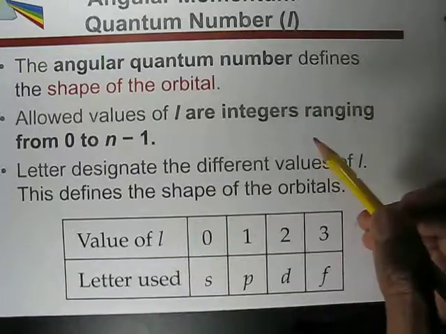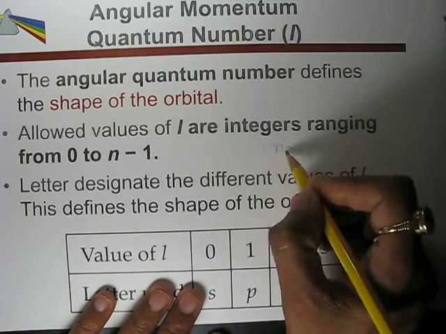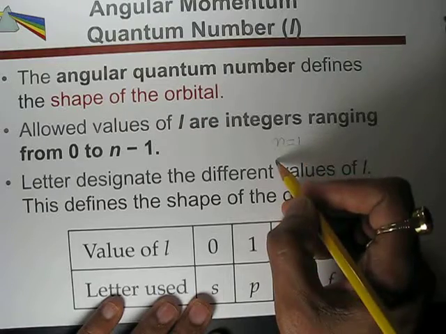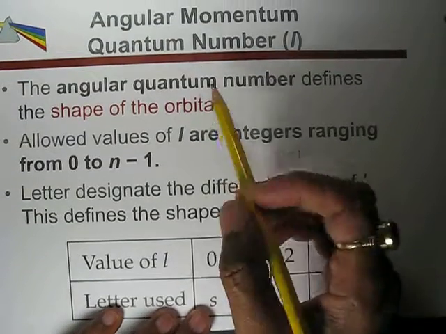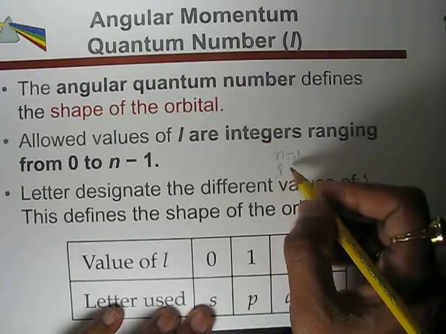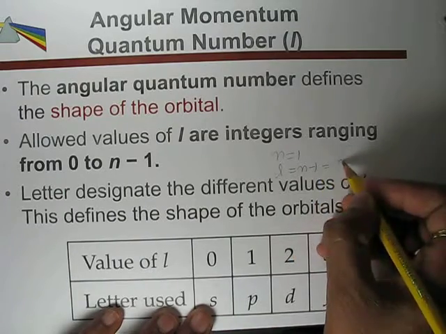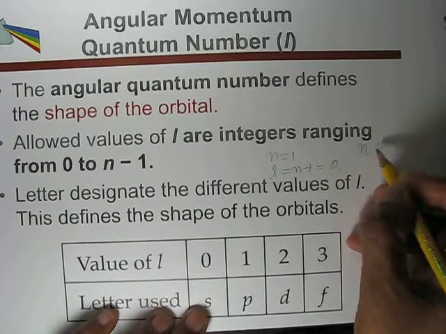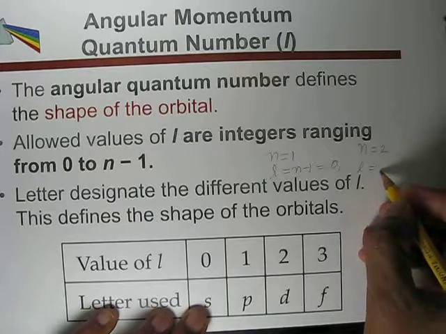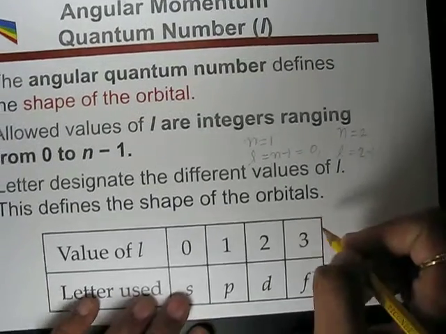For example, for small n equal to 1, small l, the angular momentum or angular quantum number, will be n minus 1, meaning it will be 0. If small n is equal to 2, then small l will be 2 minus 1, meaning it would be 1.